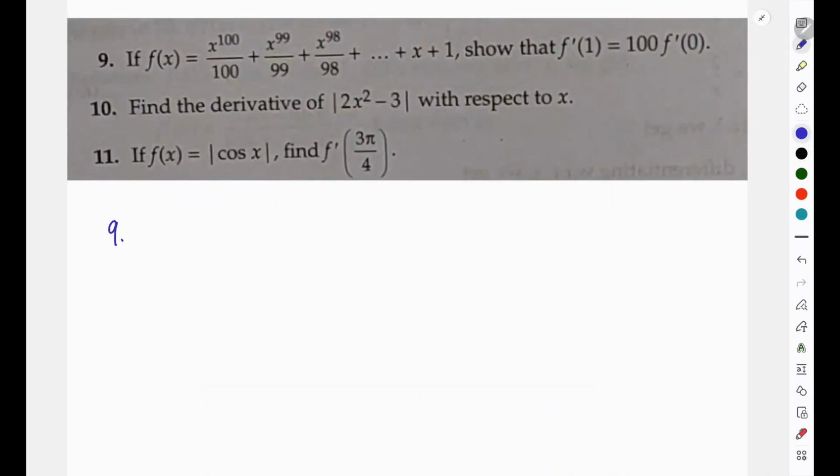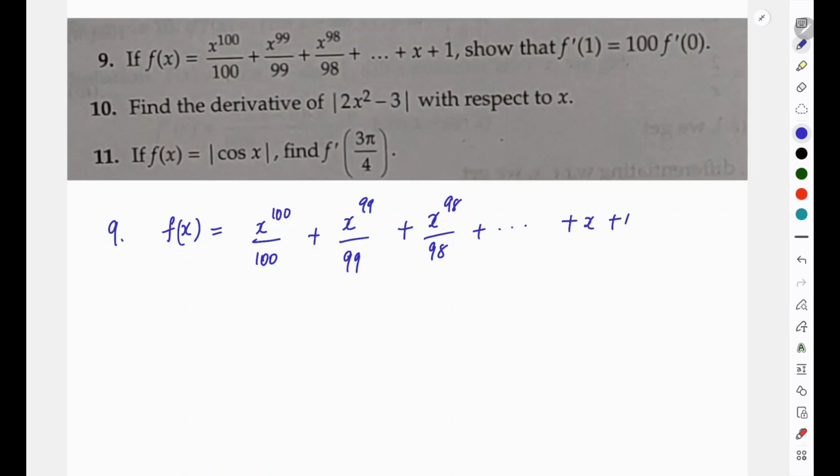Now in the ninth question, let us try to write the function and differentiate: x power 100 by 100 plus x power 99 by 99 plus x power 98 by 98 plus so on plus x plus 1. Now just count how many terms are there. So there are 101 terms.